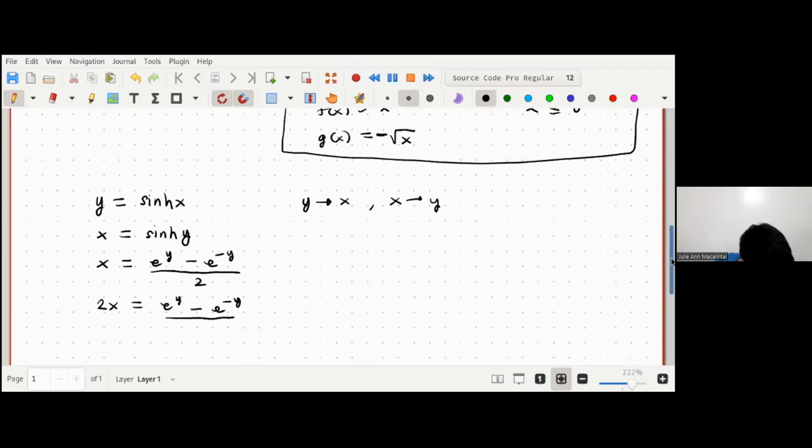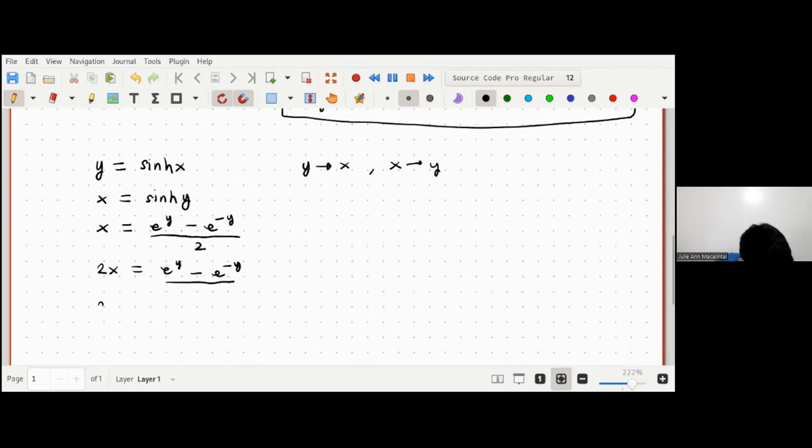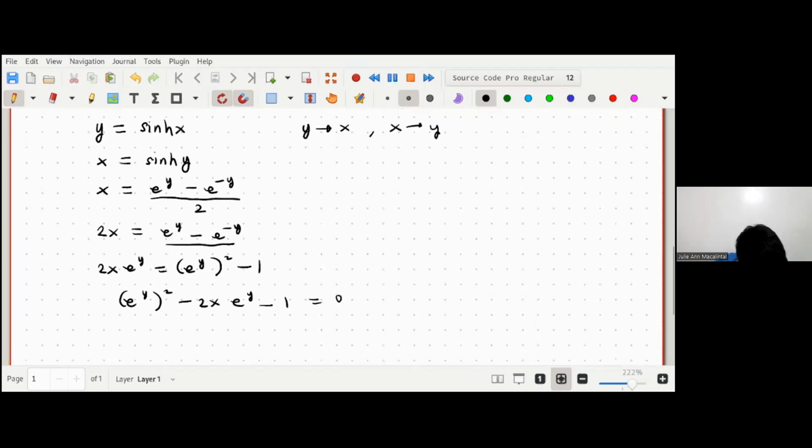So, from here, magmumultiply ako ng e to the y. And then, e to the y squared minus 2x e to the y minus 1 is equal to 0. Okay, how do we solve for y?